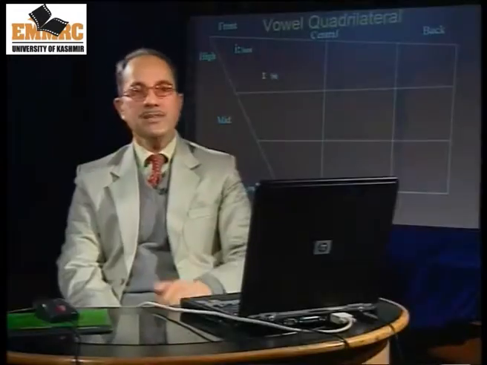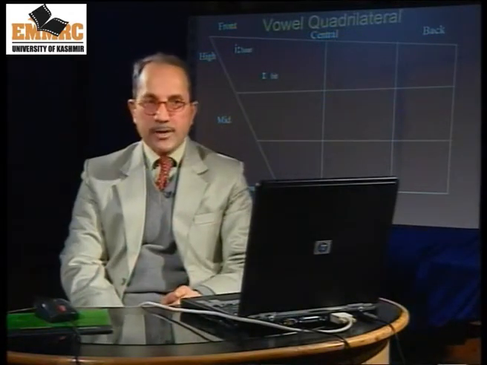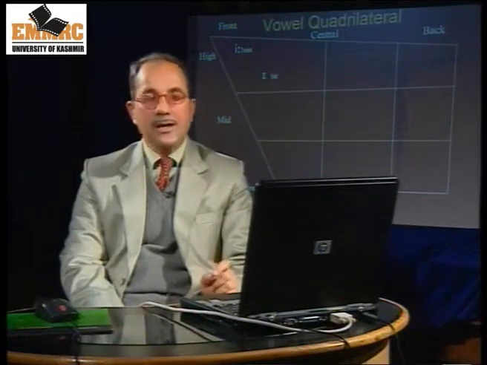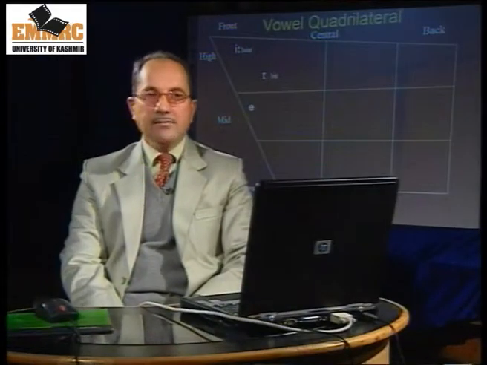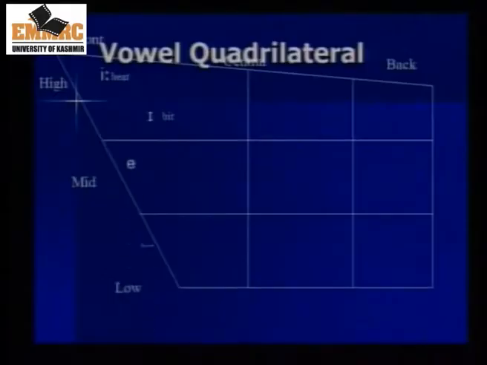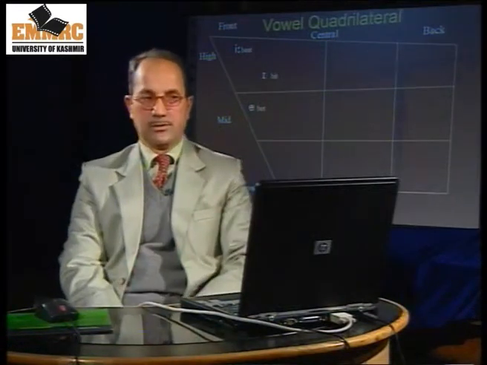So if you compare the two, you can understand the difference between a long vowel and a short vowel. Beat, bit. Another vowel which is a mid vowel, e, as in bet. So compare the three now. Beat, bit, bet.